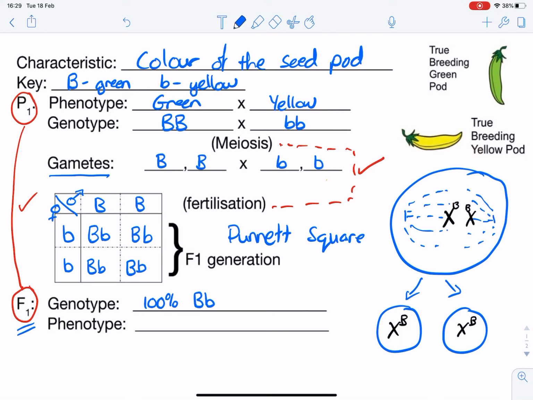What does that look like physically? What is their phenotype? Remember that you only need one capital letter to have the dominant trait. And so because they all have a capital letter, they are all 100% the same color. And if we go back, what is the capital B? The capital B is green, so they are 100% green pods. Okay, so that is how you use the template.